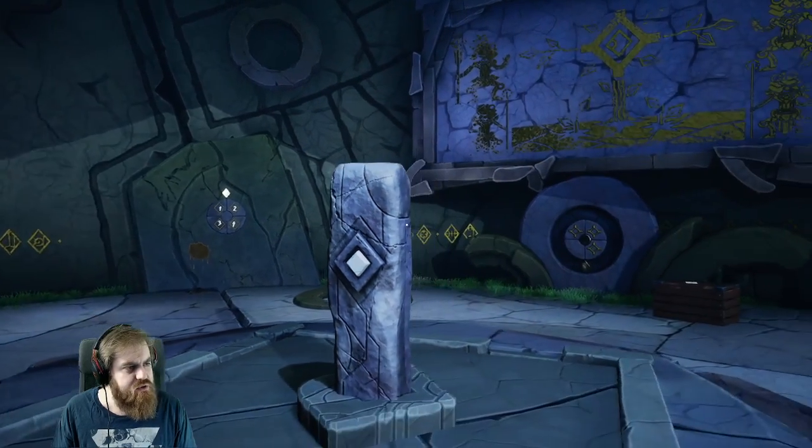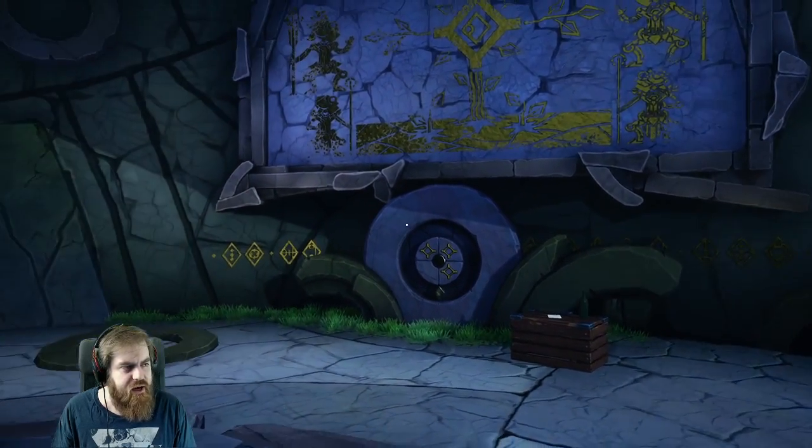Symbols on the wheels are placeholders for the ones in the book, and you have to get them to line up.